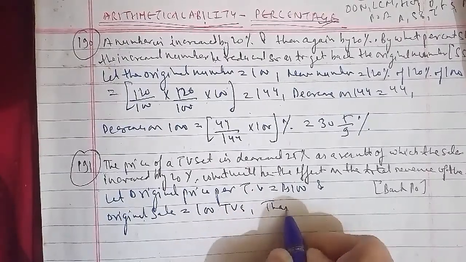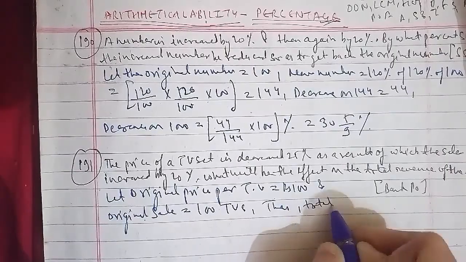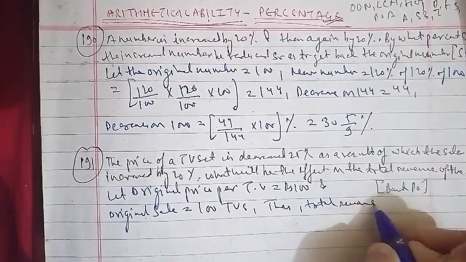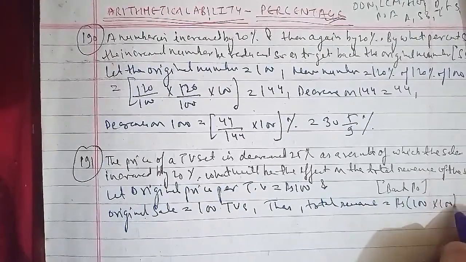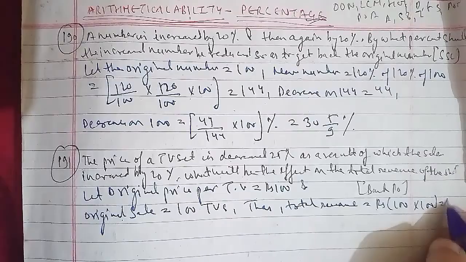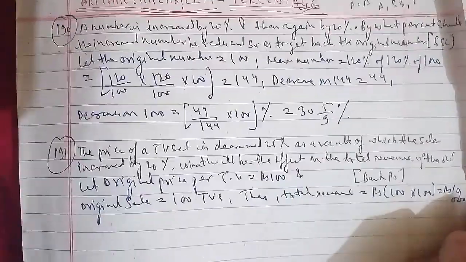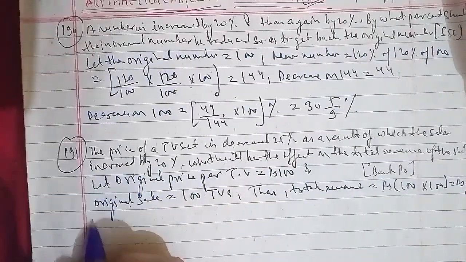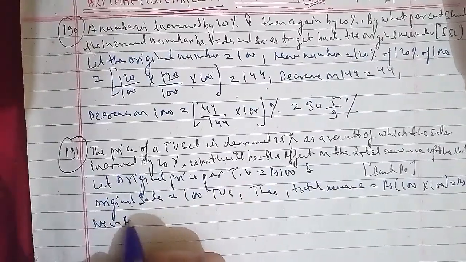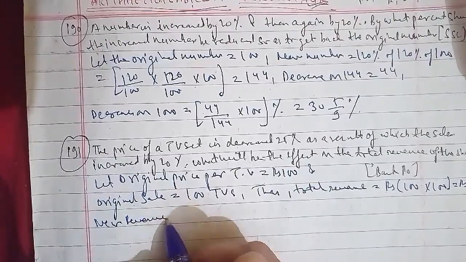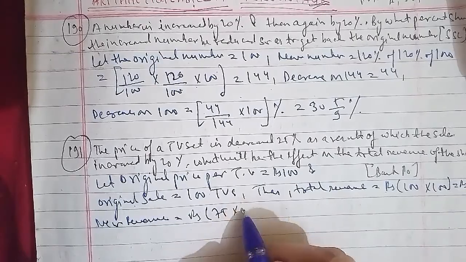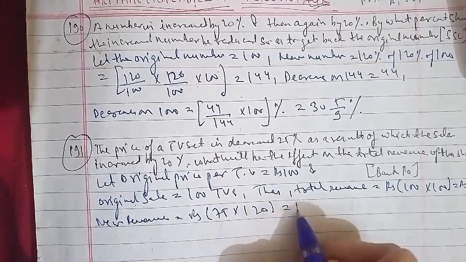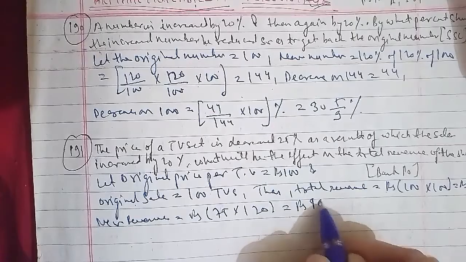Then total revenue equals rupees 100 into 100, which equals rupees 10,000. So new revenue equals rupees 75 into 120, which equals rupees 9,000.